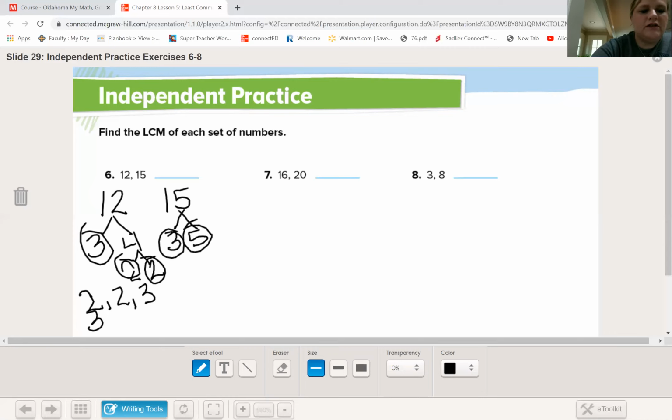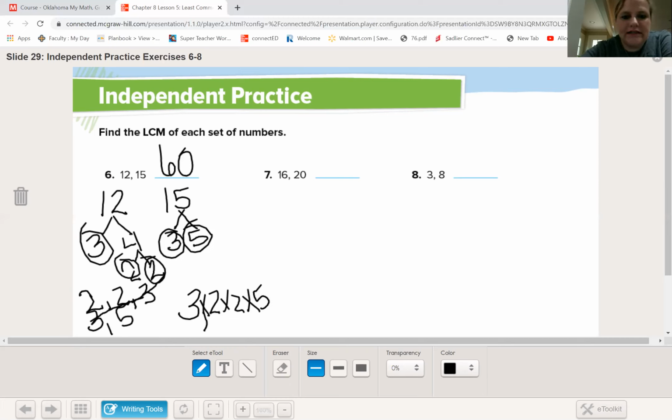Now, these threes combine because there's one in the top, one in the bottom, so that's just 1, 3 times 2, 2, 5 times 2. Okay, 3 times 2 is 6. 2 times 5 is 10. 6 times 10 is 60. Or 3 times 2 is 6. 6 times 2 is 12. 12 times 5 is 60.